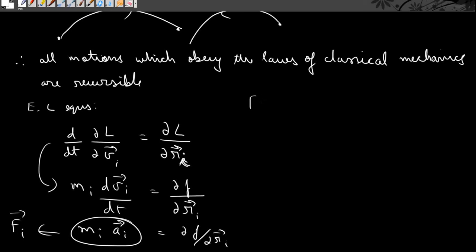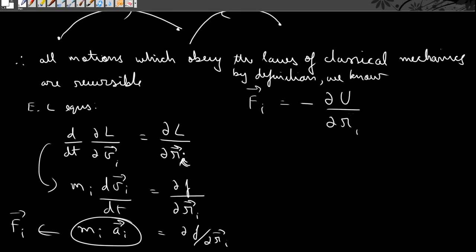But we know from Newton's laws, and by definition, that Fi is defined as minus ∂u/∂ri, right?